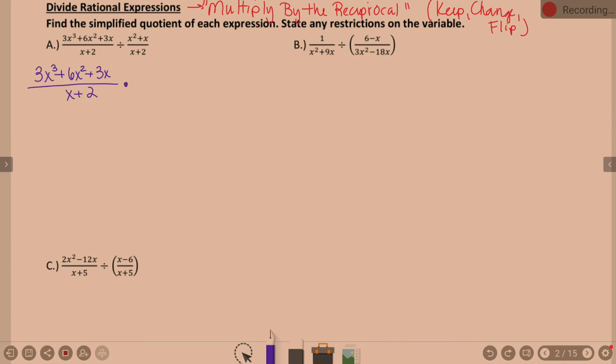What am I flipping? The second fraction. And it is always the second fraction you flip. Always, always, always. So I'm going to flip and say that this is x plus 2 over x squared plus x. When we multiply by the reciprocal, it's always the reciprocal of the second fraction. Reciprocal means to flip the fraction upside down.